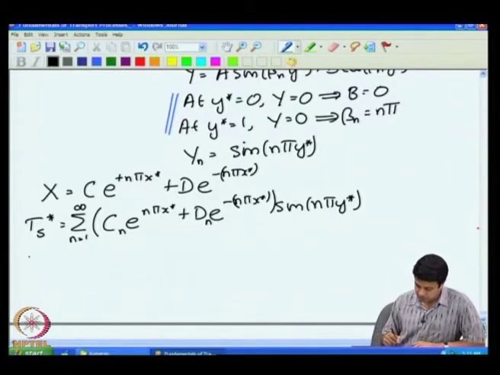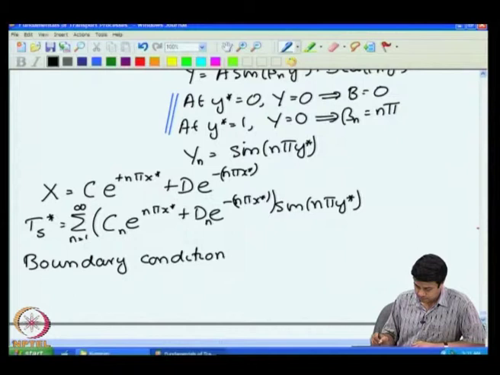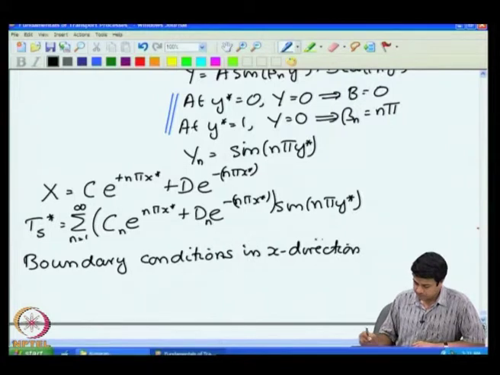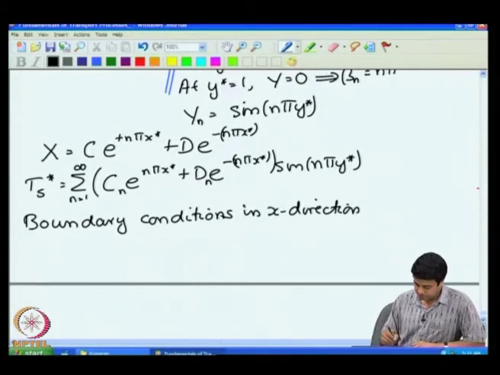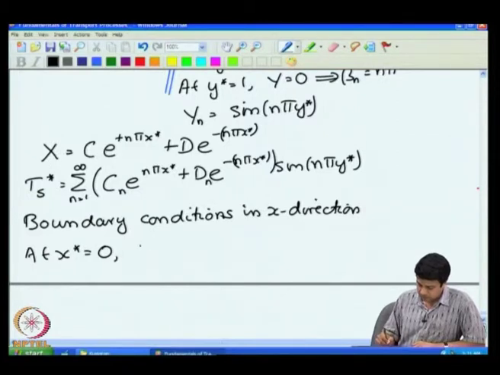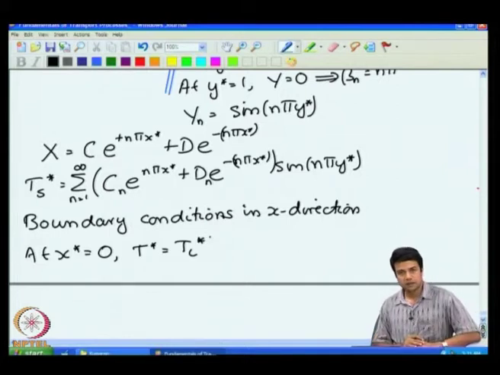The boundary conditions at x is equal to 0, T is equal to T L.